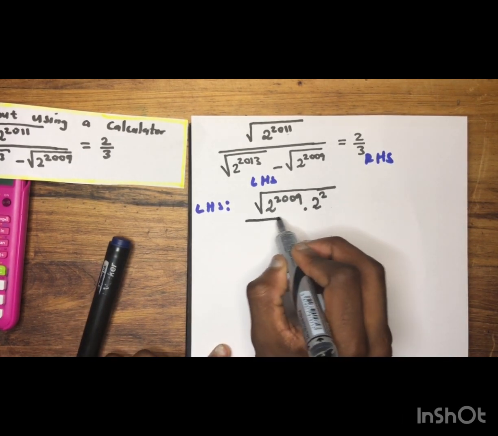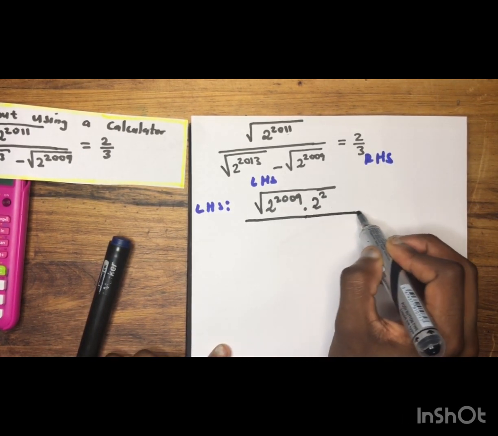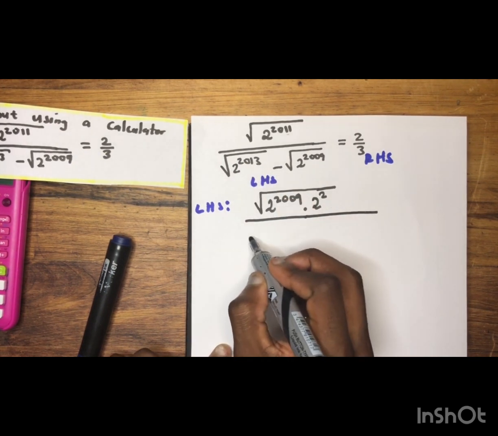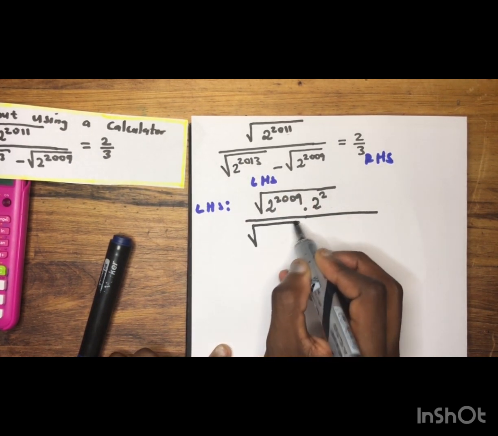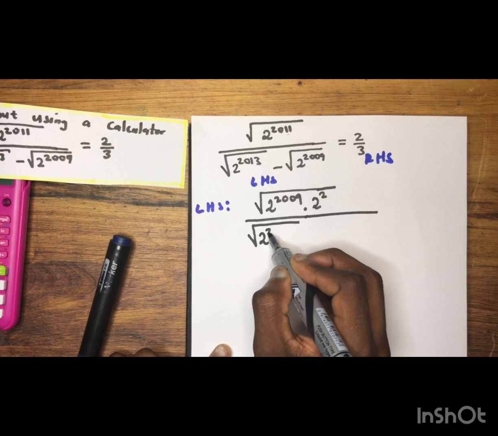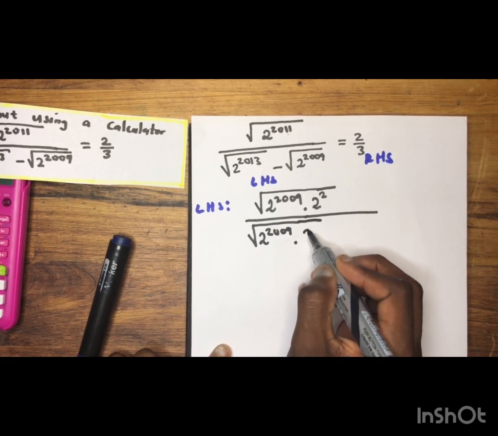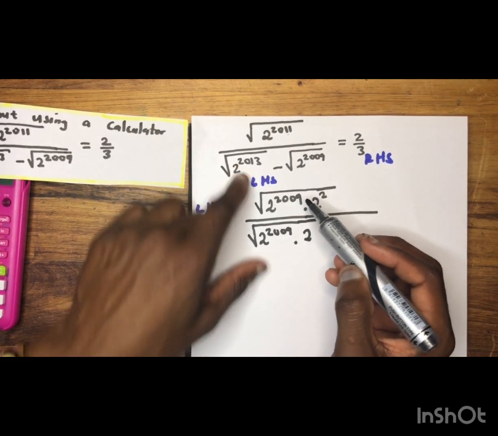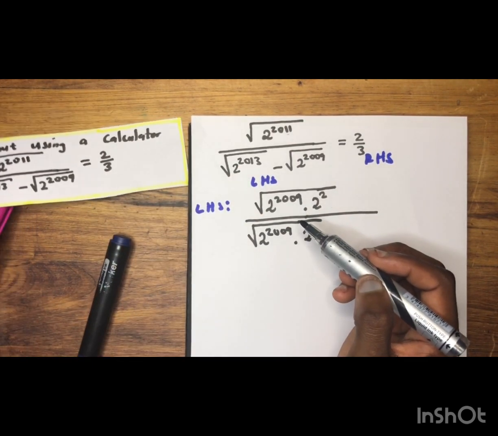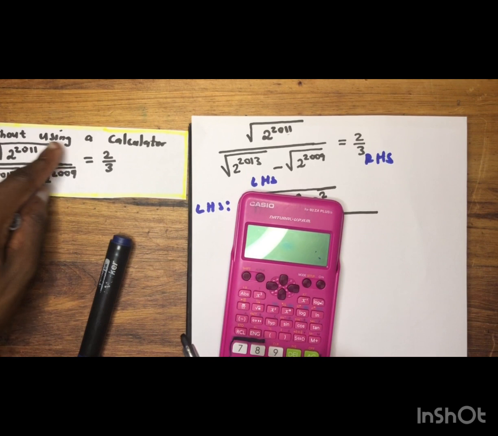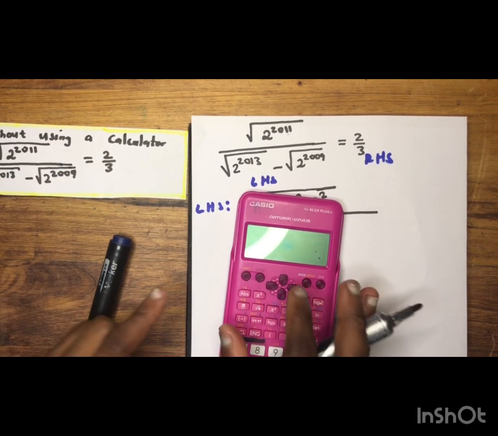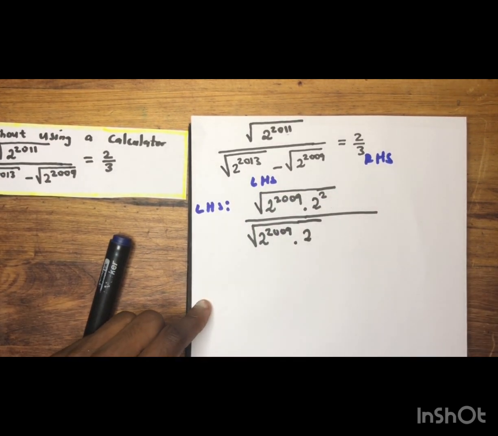So all over the base. So 2013, we are still going to have, guys, 2 to the power 209 times, then we're going to say 2013 minus 209, you get 4. Remember, when they say without using a calculator, they don't mean that you must take your calculator away from you.